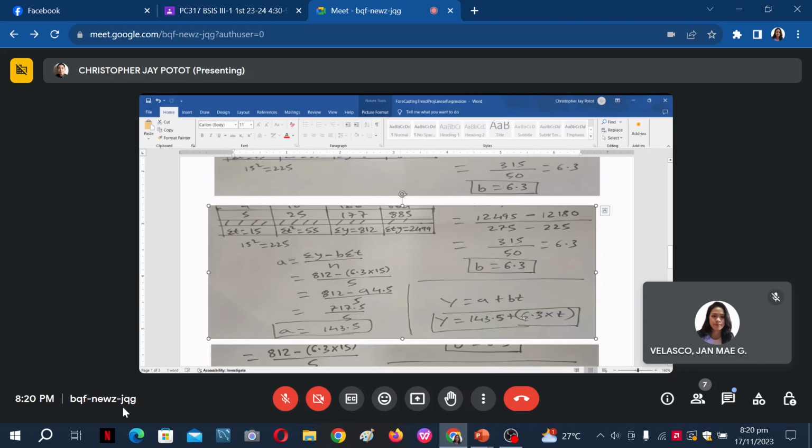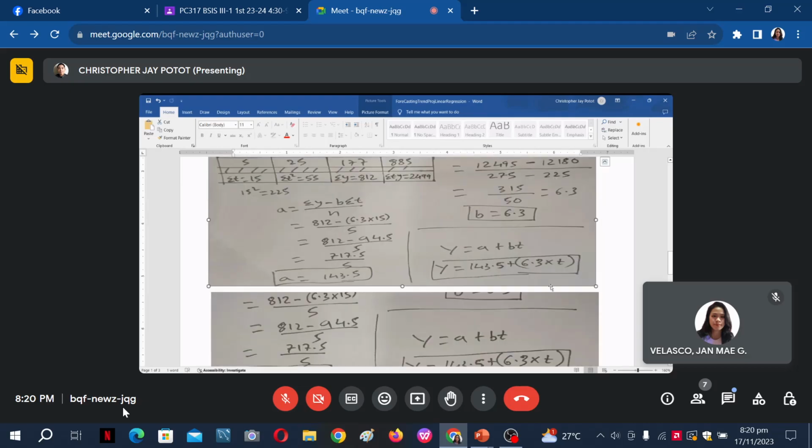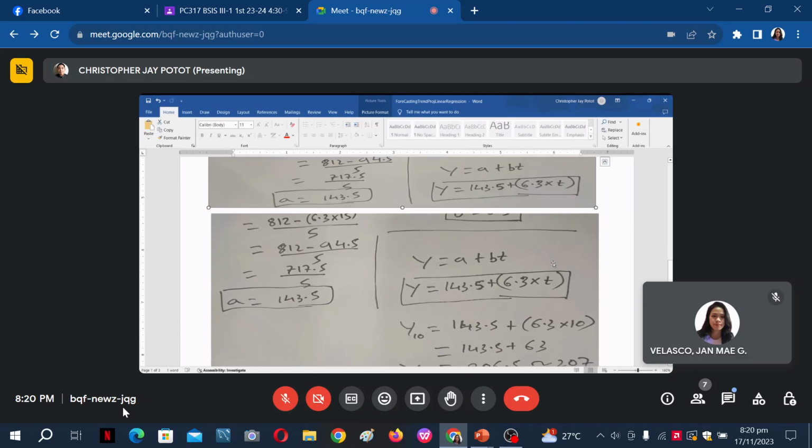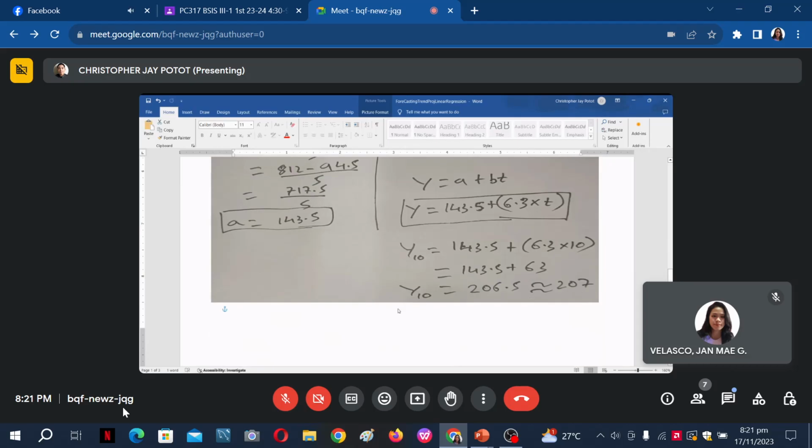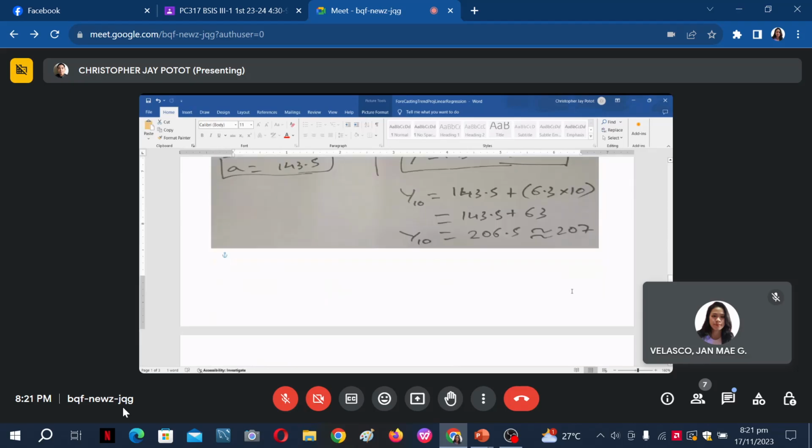Suppose we must predict for the future, which is week 10. So we follow the formula: y sub 10, meaning we are finding week 10, plugging in the time, 10, and that would be equal to 206.5, or approximately 207.